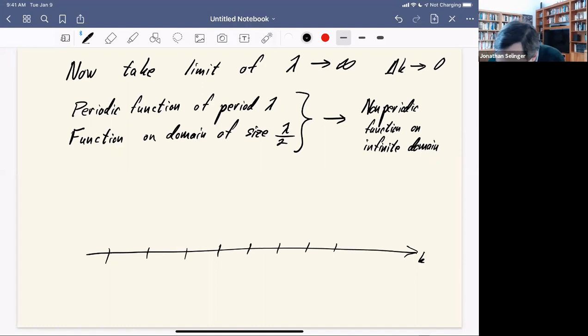So that means instead of having specific phi of k's at the allowed values like this, something like that, now my delta k is getting smaller and smaller.